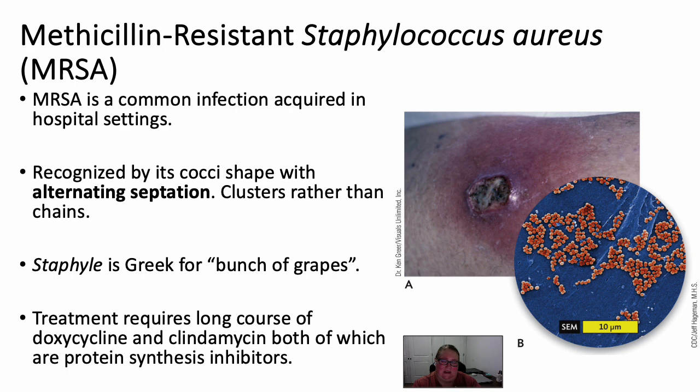So that's going to be what kills it, instead of punching a hole into the side of it like with penicillin and other beta lactams. I would know what septation means, I would know what alternating septation means, and I would know how you get both rod shapes and cocci shapes during septation. This will be on your next exam.